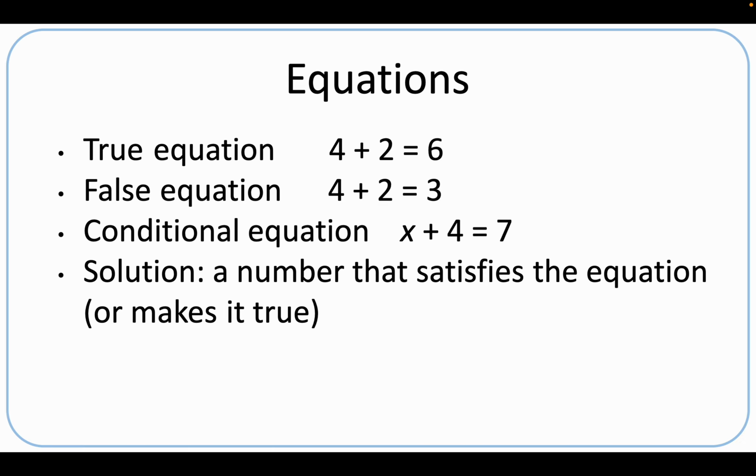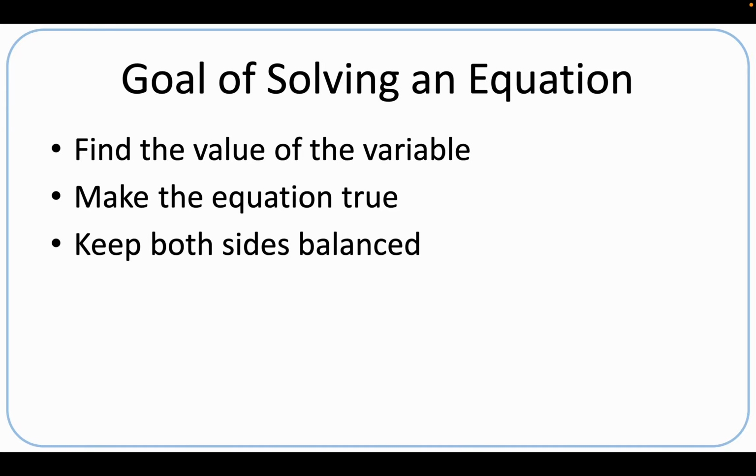So if x equals 3 in this equation, then that equation is true, which would be its solution. So the goal of solving an equation, we want to find the value of the variable that makes the equation true. And it should keep both sides of your equation balanced.